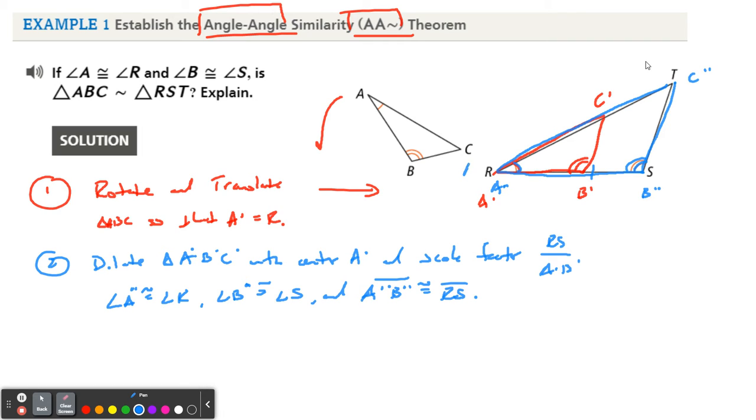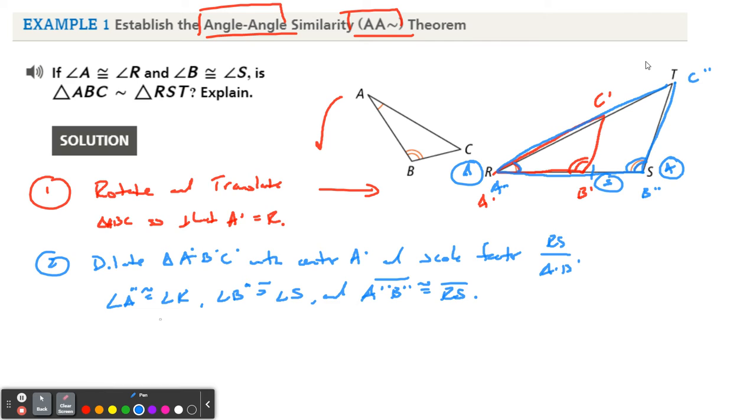And this is going to be angle, side, angle congruence. Once we dilated that red figure to make the blue, it lined up perfectly on top of the original black triangle RST. And we have angle, side, angle.